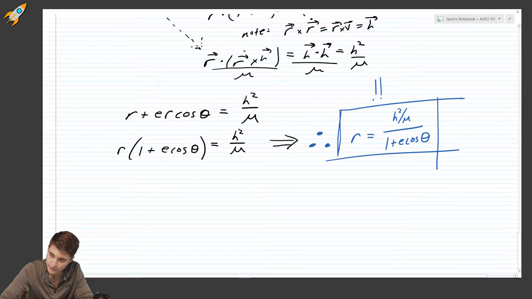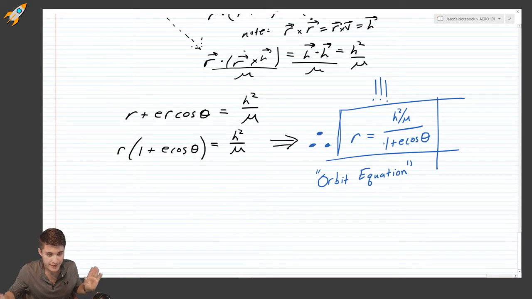This equation right here, they call this the orbit equation. It's called the orbit equation. We just derived literally the orbit equation.